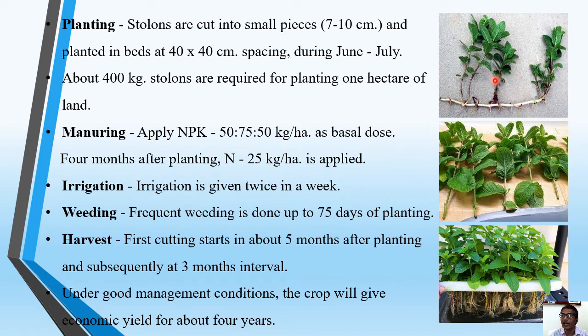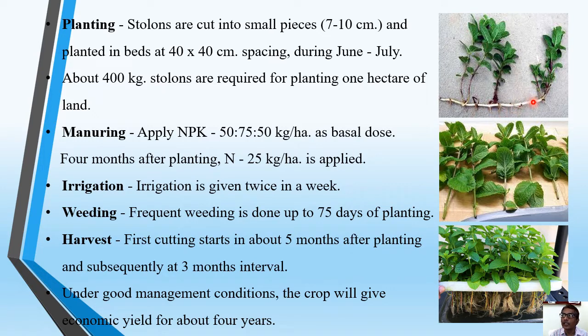See, this is the slide showing you the stolon of the Mentha plant. Some of the stems traverse in a horizontal manner. It is subaerial in position, and from the nodal region the roots are developed.